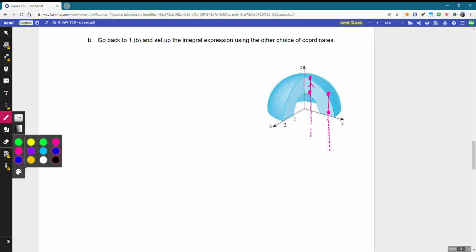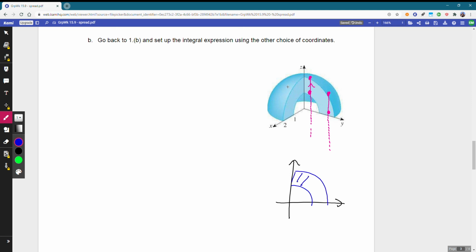If that's feeling a little bit strange, I think if we get kind of a side view here, we can see this happening a little bit more clearly. Right? So if it's kind of close to here, we're going to be starting on the inside sphere and stopping at the outside sphere.